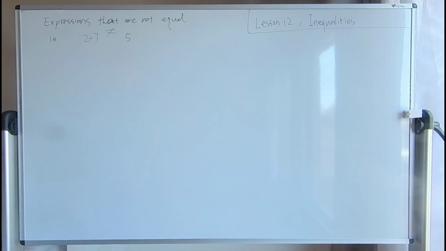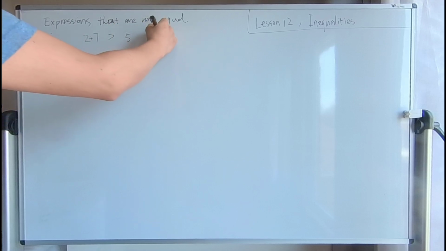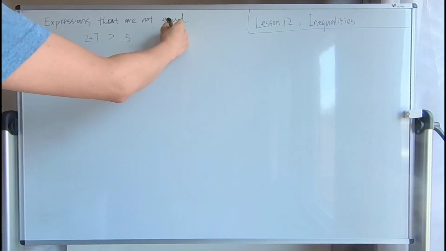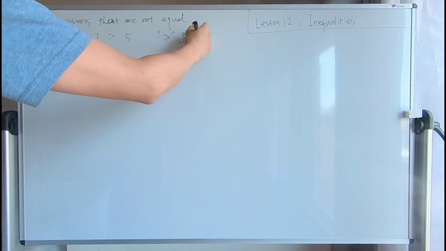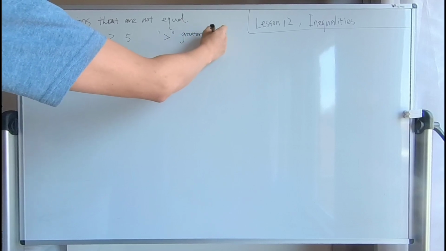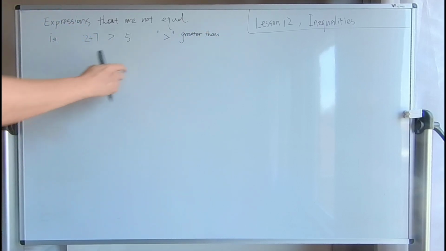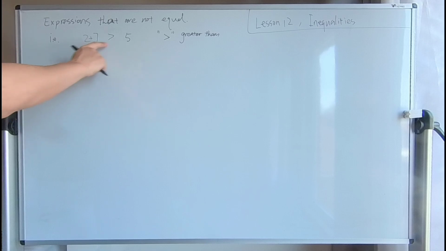I can still write them together in an inequality. For example, I can say that 2 plus 7, which equals 9, is greater than 5. So I'm writing this notation indicating greater than. Of course, I'm reading this from left-hand side to right-hand side.